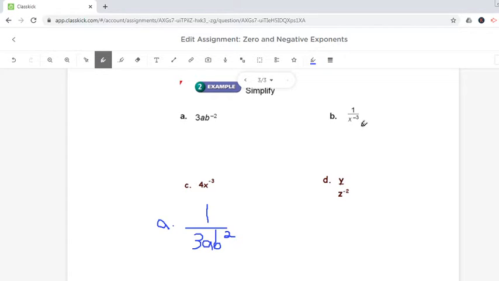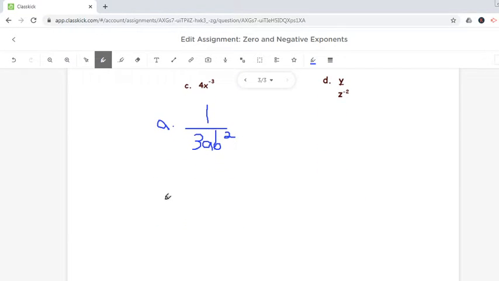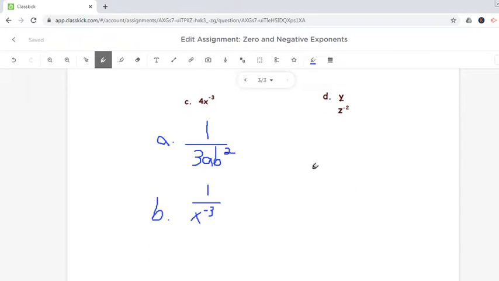Okay. B. We have 1 over x to the negative third. So we have a negative exponent in the denominator.